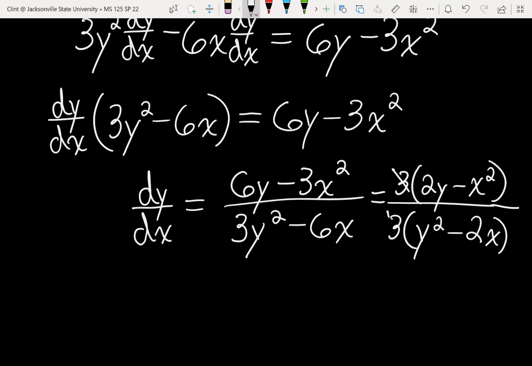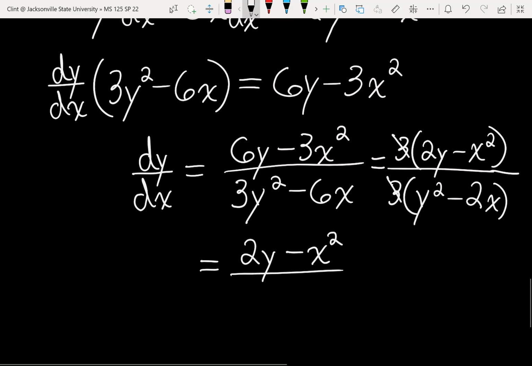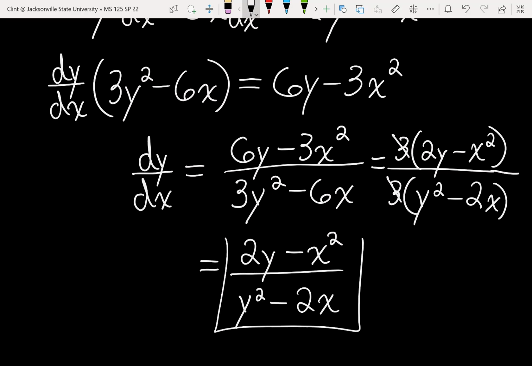Then we can cancel those. So final answer for me will have 2y minus x squared over y squared minus 2x. So that would be dy dx.